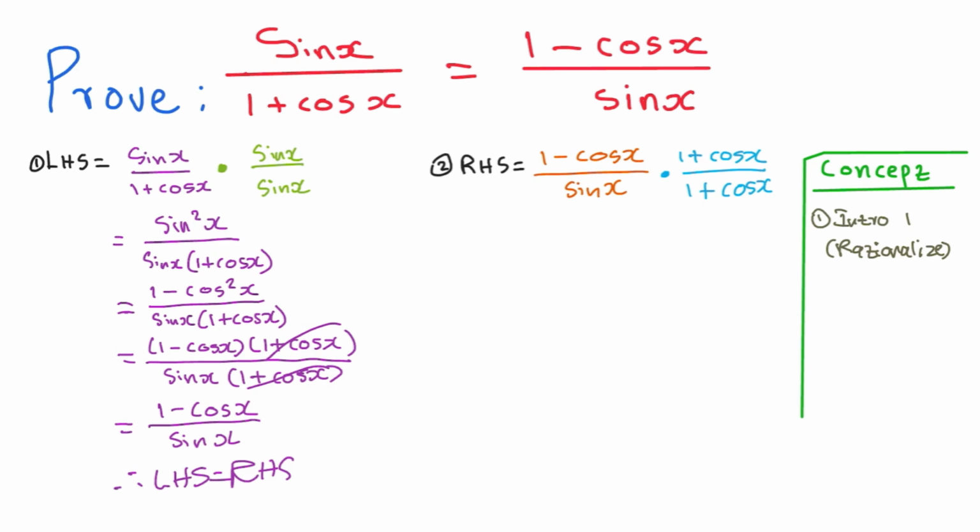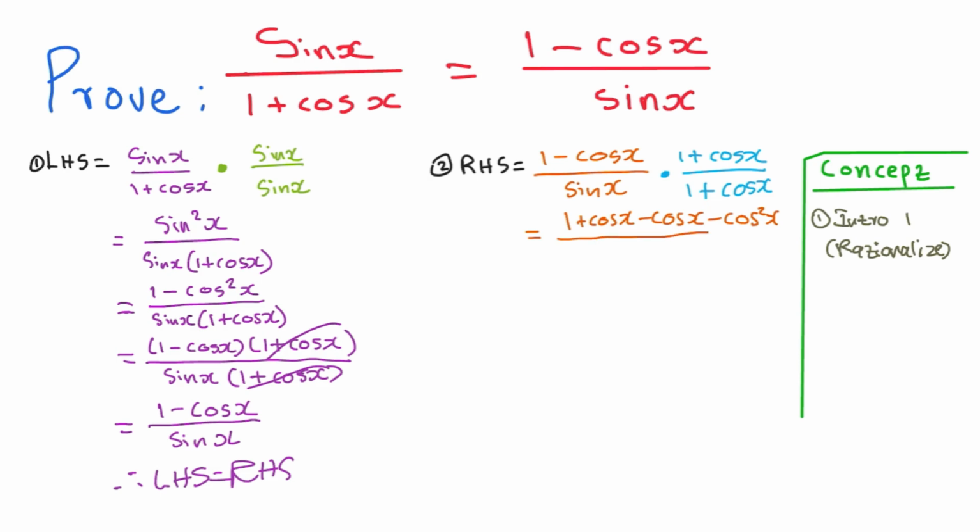Clear? So the next step, you're going to say equal to what? 1 into 1 is going to be 1. And then into cos, you're going to have plus cos x. And then minus cos x. And then minus cos squared x. Basically, it was like this, right? You are multiplying 1 into 1, 1 into this, cos into 1, cos into this, distribution of binomials. And then I'm going to have that.